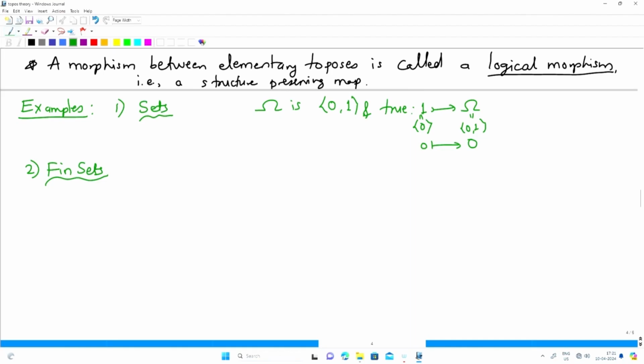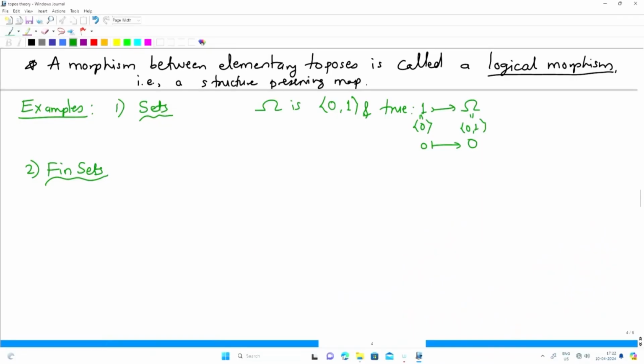And exponentials, that is also an important property. Exponentials of finite sets are again finite. Finite to the finite is finite. So that's why it works. More generally, you can talk about any regular cardinal, so all sets of cardinality less than or equal to a particular regular cardinal. That will also work.